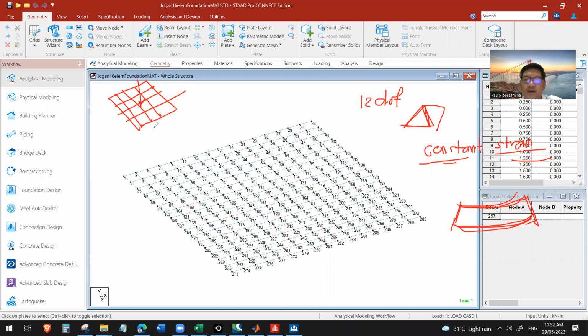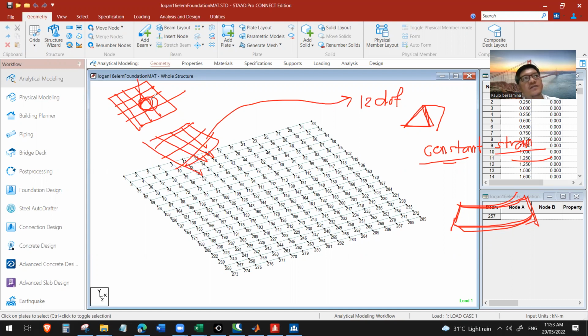However, when we do the same model, the same meshing, using this 12 degrees of freedom rectangular plate element, we were not able to come up with the same answer, right? So that means mas advanced yung element na ginagamit ni STAAD. I think meron pa siyang node sa gitna.